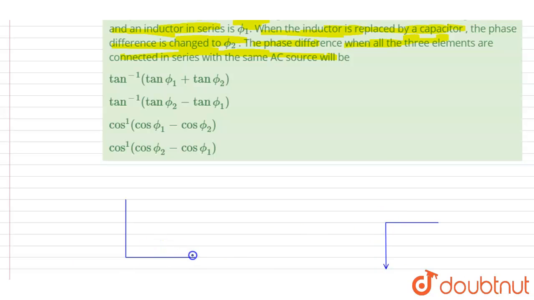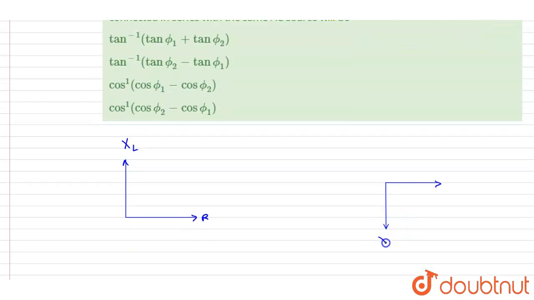So if I say this is the resistor and this is the XL, inductive reactance, and this is the capacitive reactance, and this is the resistor, right? XL and XC are inductive and capacitive reactance respectively.